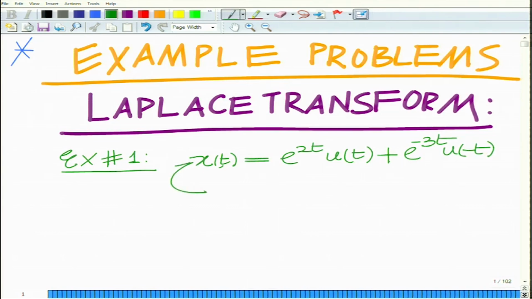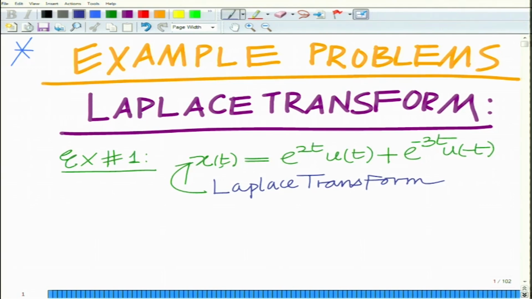Now, we want to evaluate the Laplace transform of this signal, and we also want to find the ROC. Of course, the Laplace transform is incomplete without the ROC.